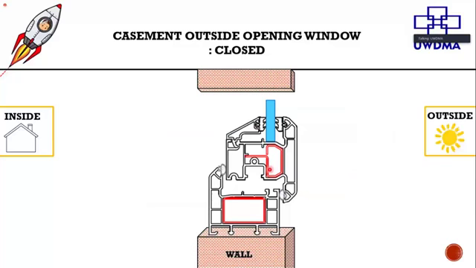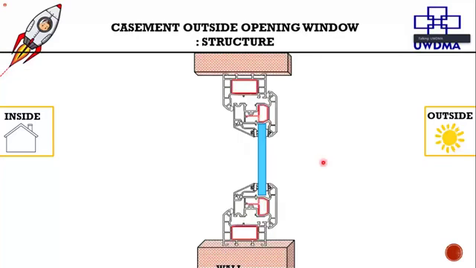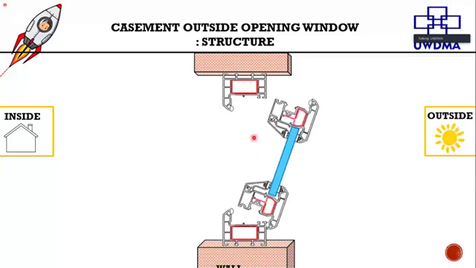This sash is going to open outside this way. This is the reason we place the smaller side of the frame wherever the sash is going to open. If we see it from top to bottom, the cross section of a casement outside opening window will look like this. This is the frame, this is the sash, and the sash will open like this.